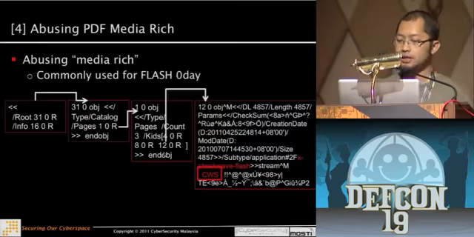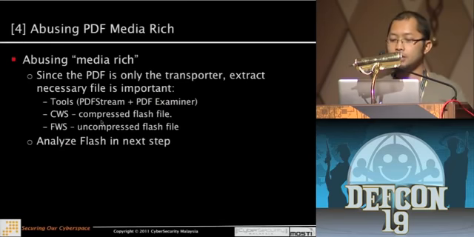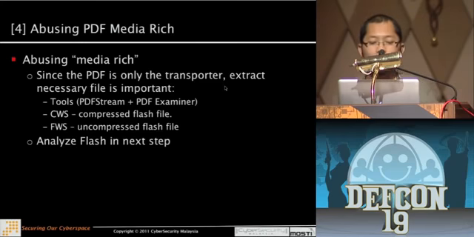If you see, SWF, CWS is basically a compressed file. And then this is another one called FWS, an uncompressed file. The PDF is just pretty much the main transporter for this one. You need to extract the Flash file to check what the exploit is, what kind of shellcode is inside it.